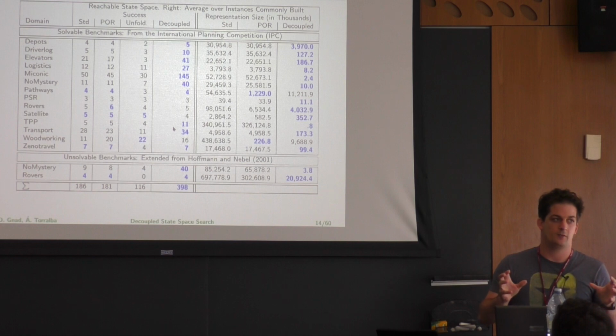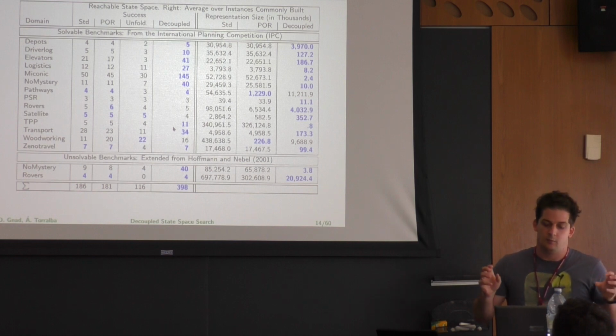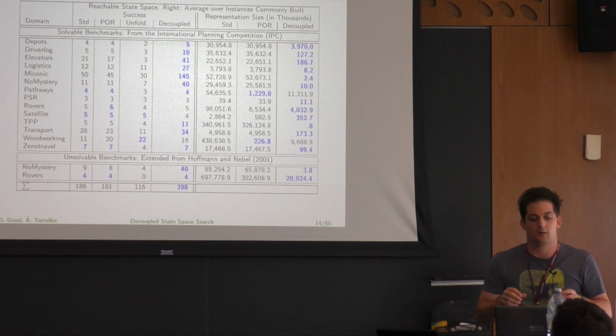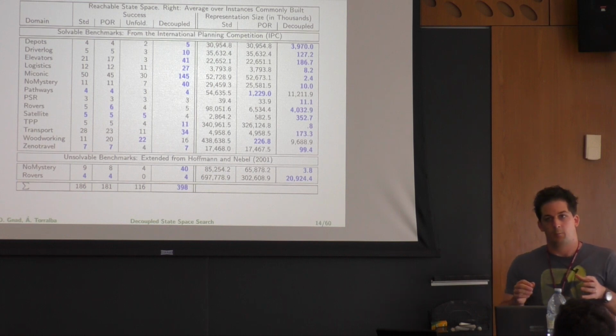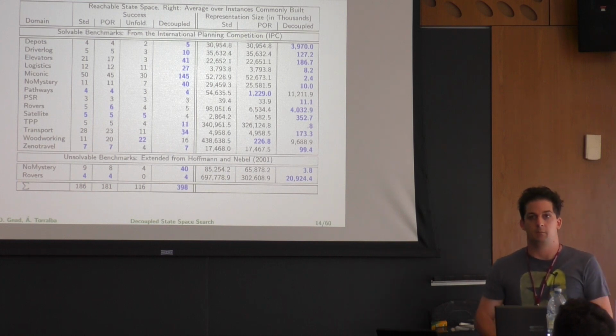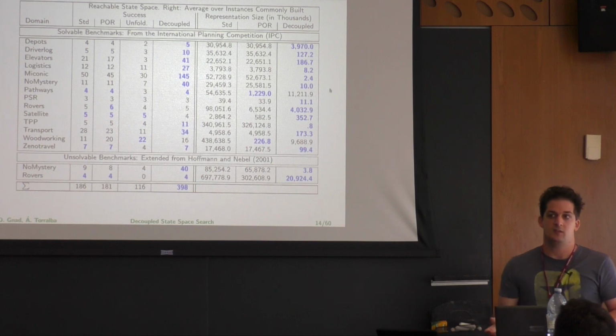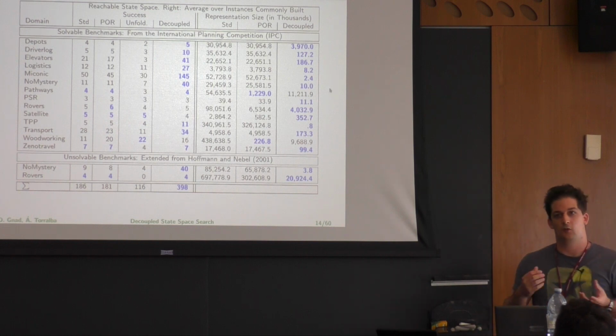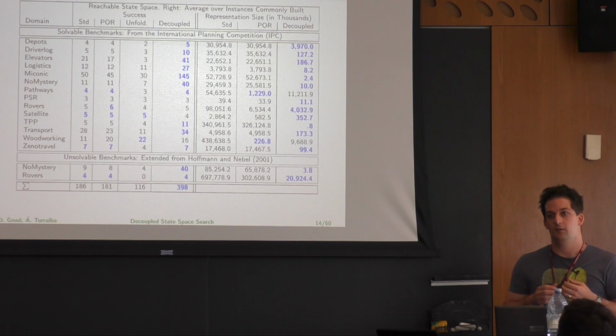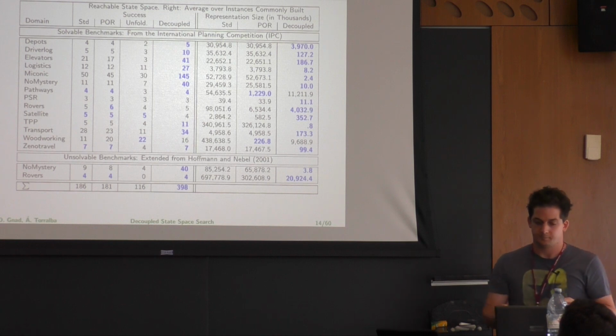We can really compress the state space by a huge amount, and thereby build the entire state spaces of many planning tasks. On the right-hand side you see what we call the representation size, which roughly corresponds to the amount of data that you need to keep in memory to represent the entire state space.